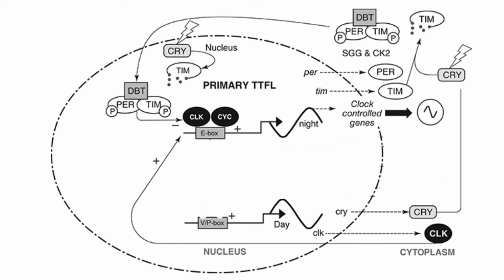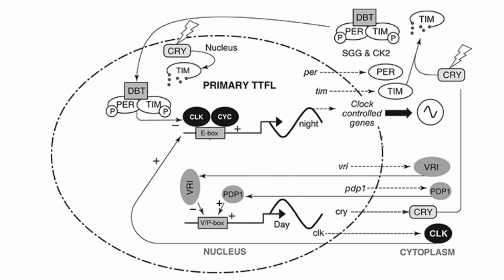Now, E-box is also activating a few other proteins that are involved in the secondary loop. VRI is produced, and so is PDP1, which stands for PAR domain protein 1. These two proteins are being influenced. So what is their role in our secondary cycle? They both feed back onto the VP box. Now, VRI is fast.